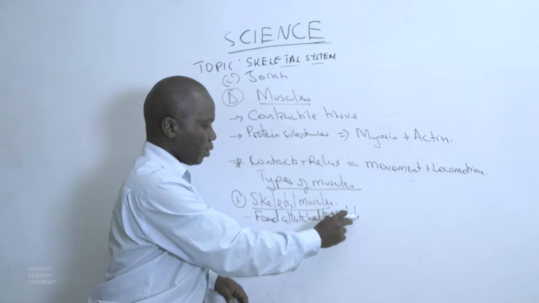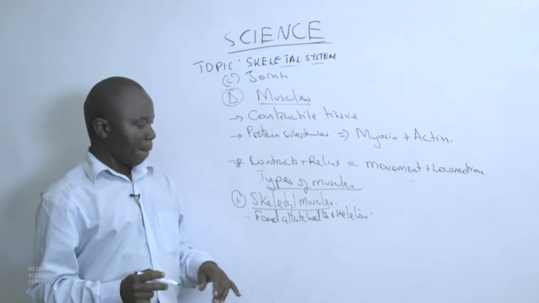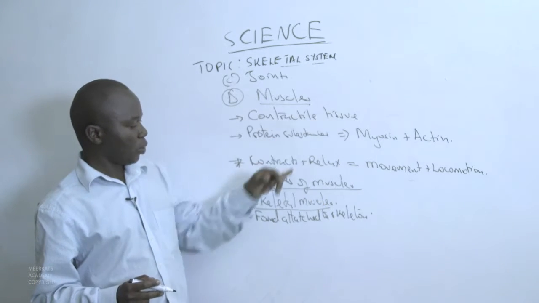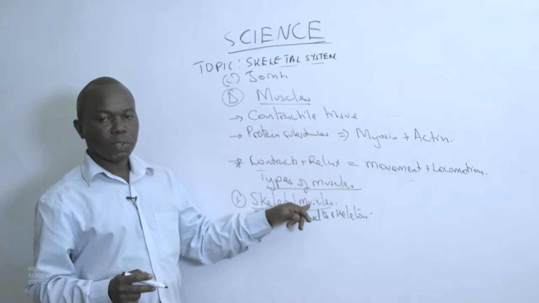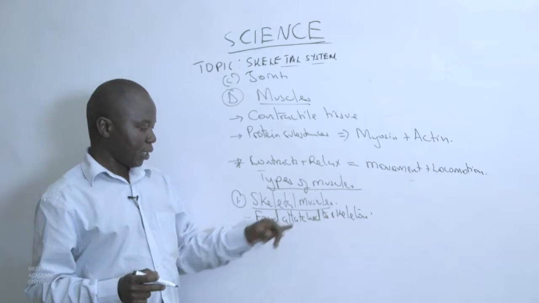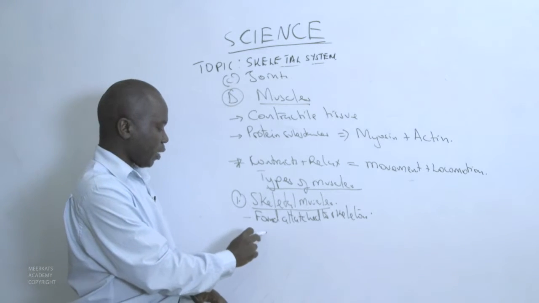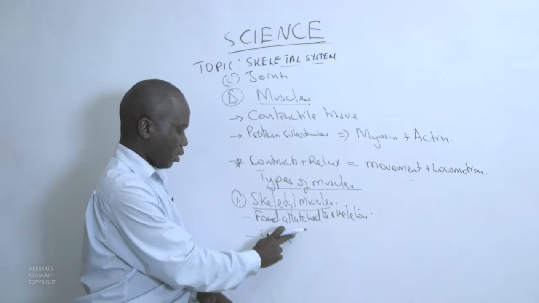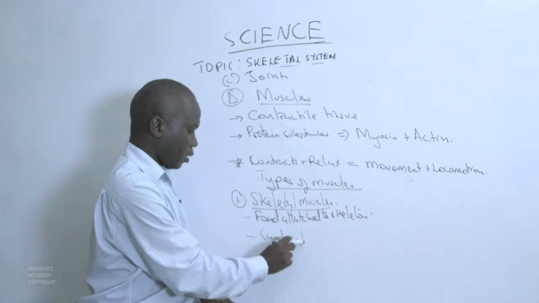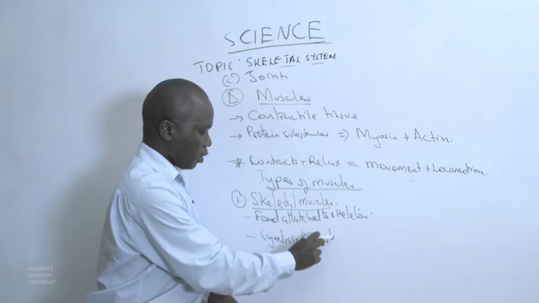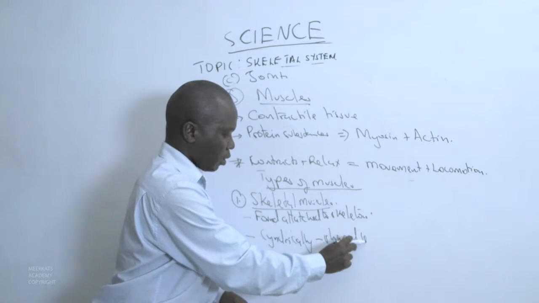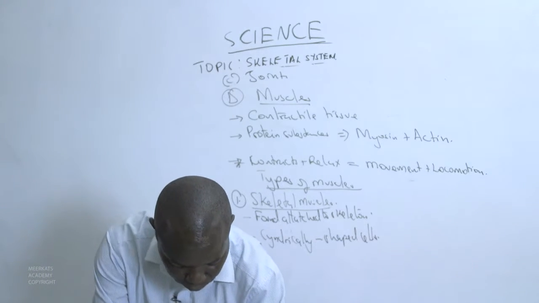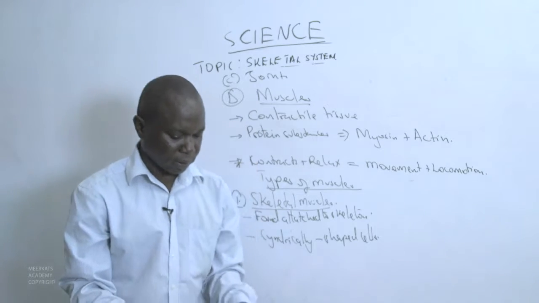Because we have already said muscle is made up of tissue, these tissues must be made up of cells. Usually made up of cylindrically shaped cells. You can use a diagram just to show how it looks.